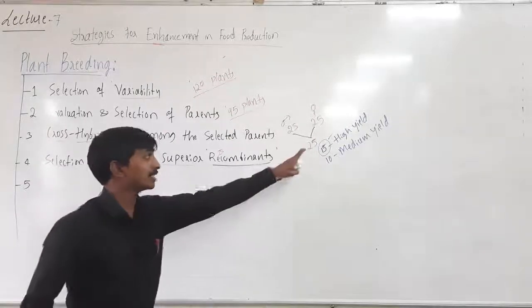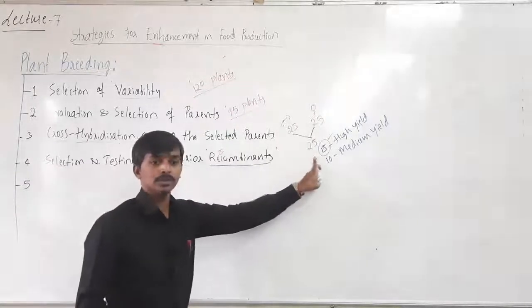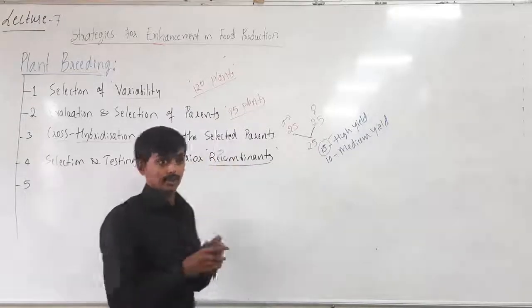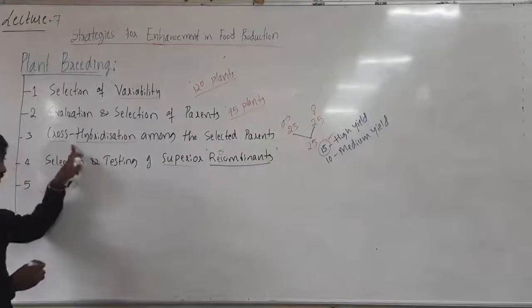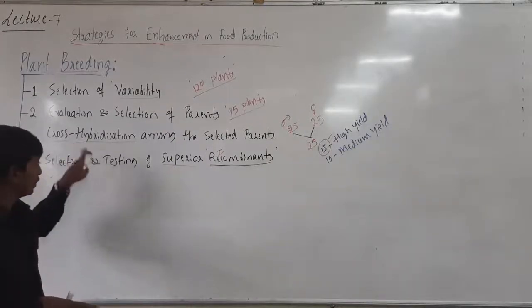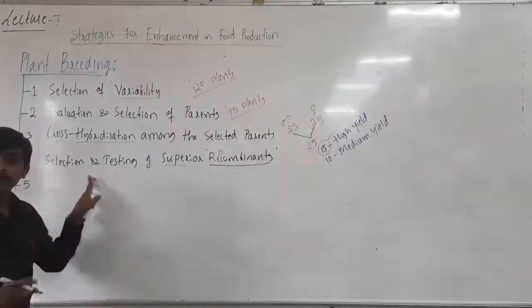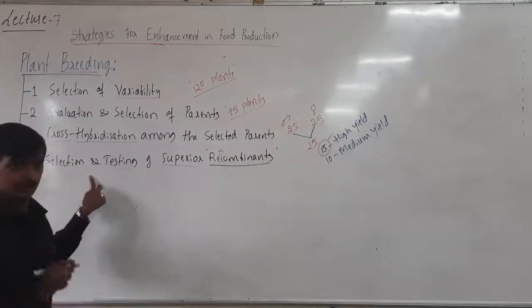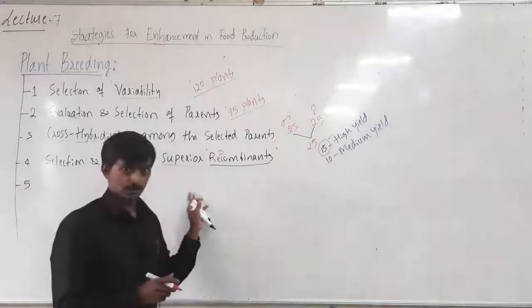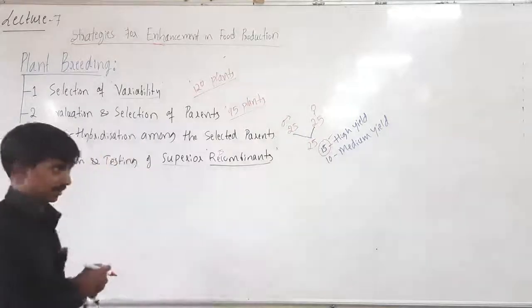So among these 15, again then self pollination is done. Here we have done cross pollination, but here they have allowed them a self pollination to get the pure line, to get the pure characteristics.